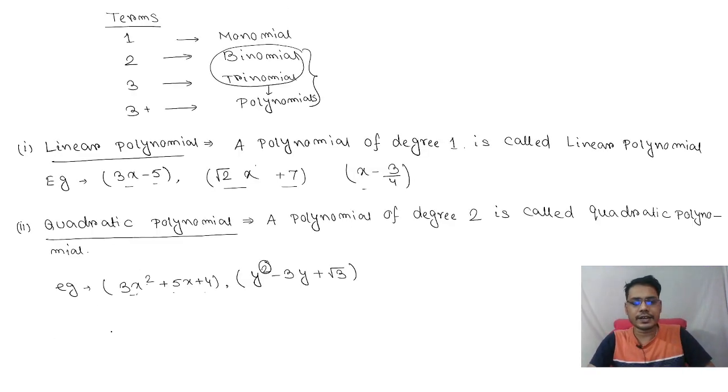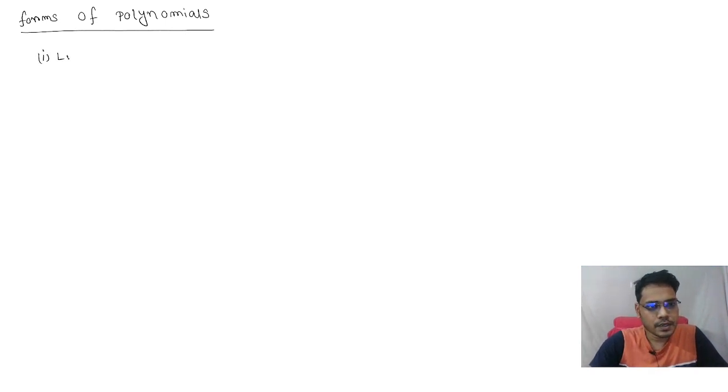Now we will learn in which form we can write the linear polynomial. So linear polynomial, the forms of polynomials. If it is a linear polynomial, we know that the power should be 1.